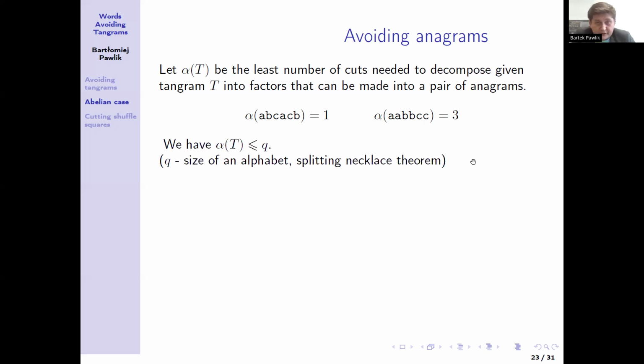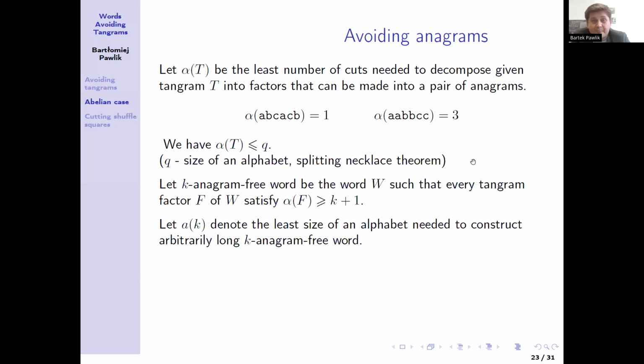And again, the upper bound is the size of the alphabet, because it follows from the necklace splitting theorem. Let a k-anagram-free word be a word such that every tangram factor satisfies that alpha is greater than k plus 1. And again, the least size of the alphabet is A_k here.